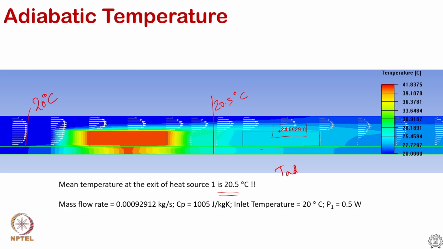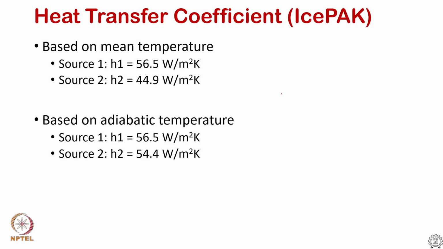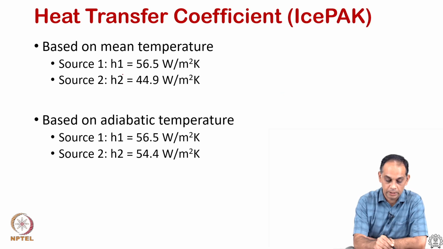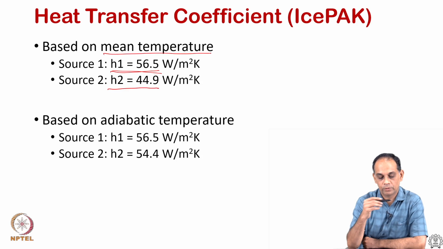So, now use this temperature and we will go ahead and calculate the heat transfer coefficient. Based on mean temperature, the heat transfer coefficient for the first source is 56.5 and for the second source is 44.9. If you use inlet temperature, you will get very drastic results, but anyway we will use mean temperature.